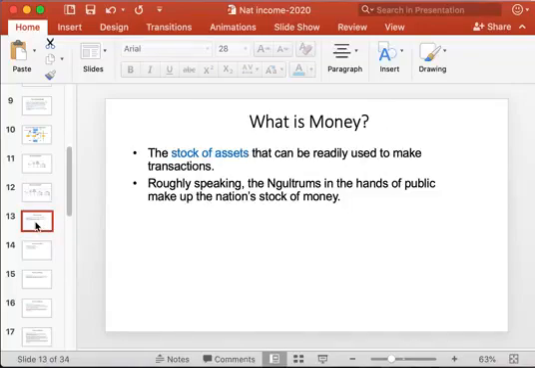Now to move on, let us talk about money. So money is nothing but the stock of assets that can be readily used to make transactions. And for Bhutan, we can say that Ngultrums, the paper currencies and coins in the hands of the public, are the nation's stock of money.